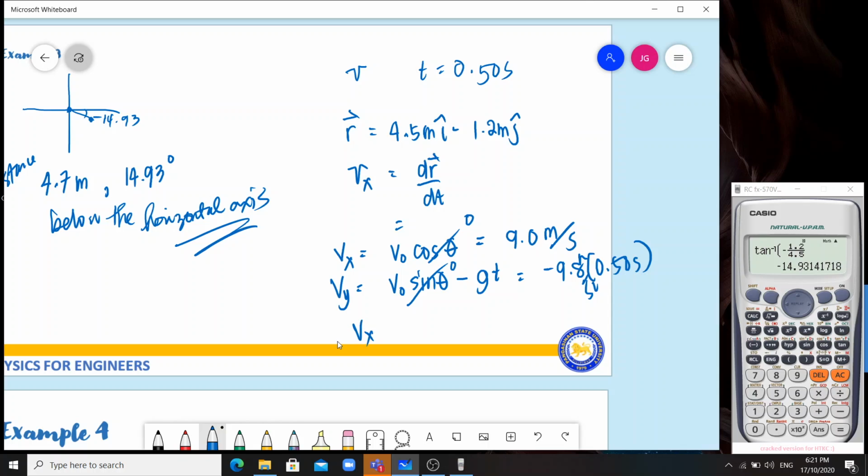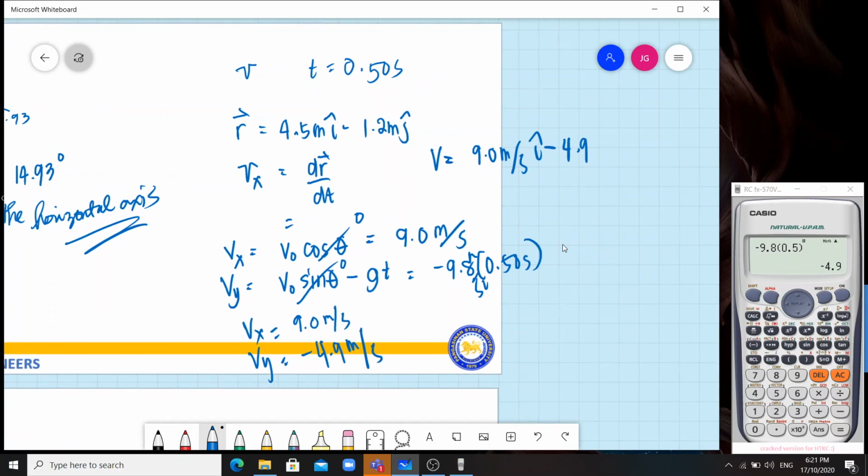So, ang Vx natin is 9.0 meters per second at ang Vy natin is equivalent sa negative 9.8 times 0.5. So, yan. Negative 4.9 meters per second. So, kung gagawa tayo ng vector niyan, that is 9.0 meter per second i minus 4.9 meter per second j.